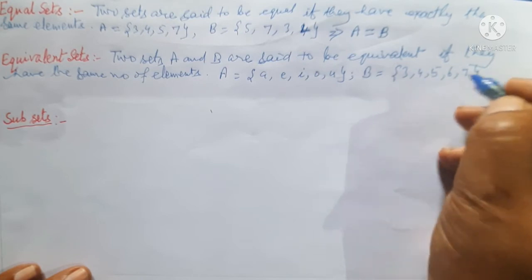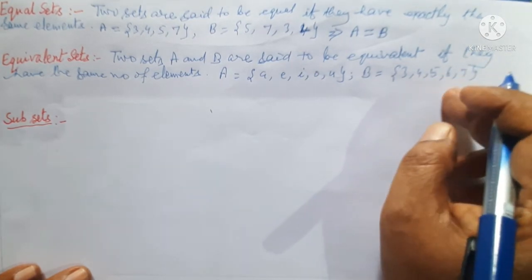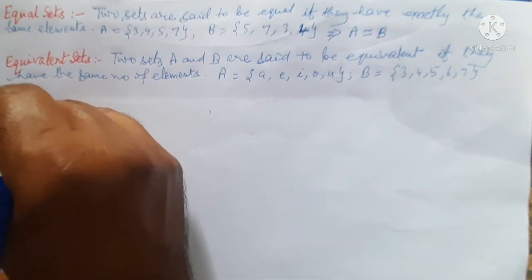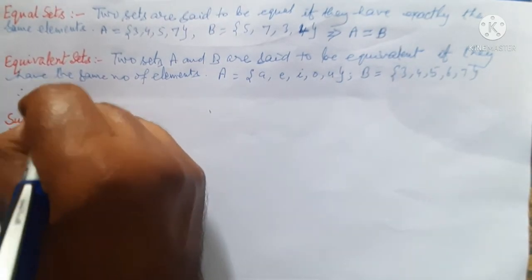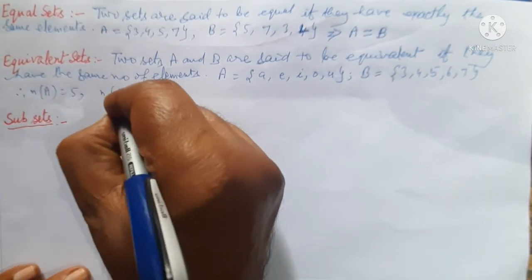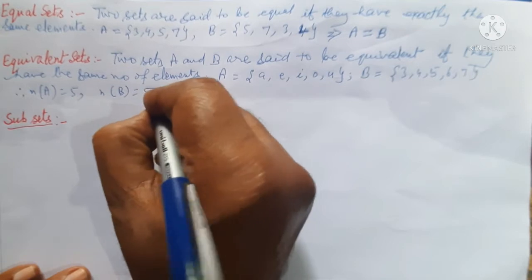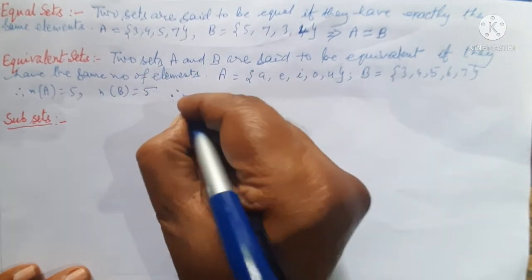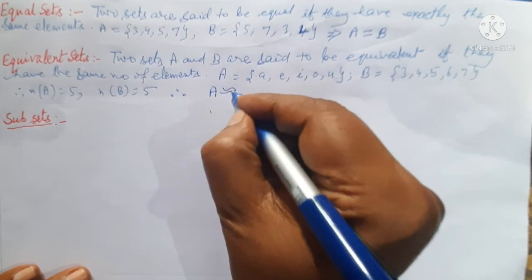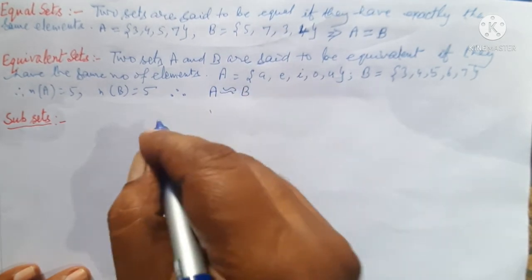So there are 1, 2, 3, 4, 5 elements. The cardinal number of set A is equal to 5 and the cardinal number of set B is also 5. Therefore, set A is equivalent to set B.